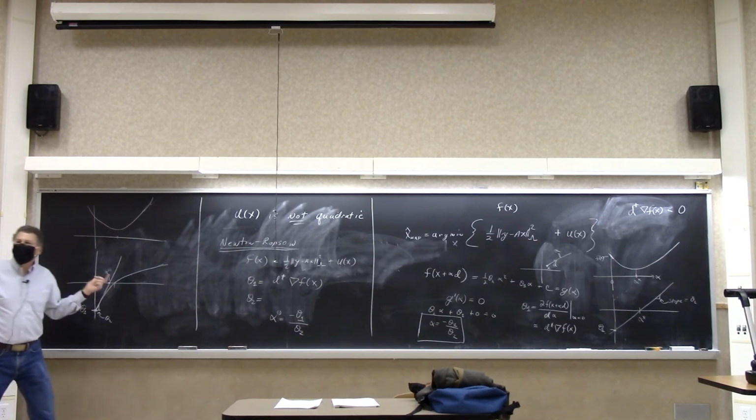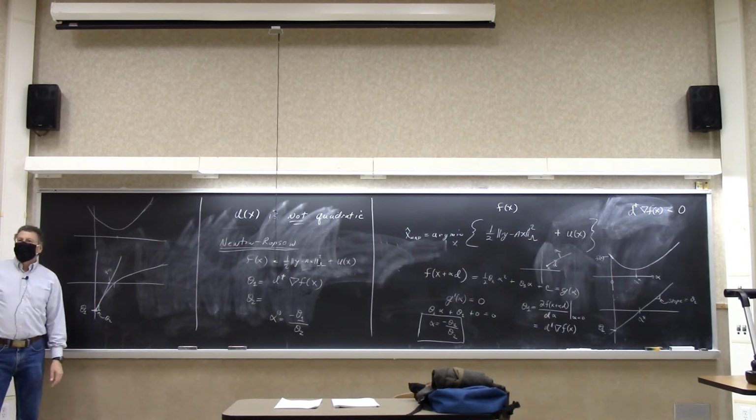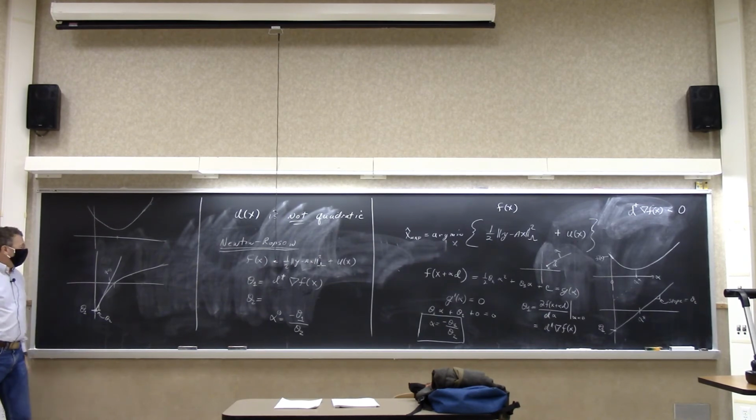Are people familiar with the Newton-Raphson algorithm from some other experiences? Okay. The problem with the Newton-Raphson algorithm is it isn't necessarily convergent. In fact, it can diverge. It seems like a pretty reasonable thing to do, but it doesn't always work. Why?